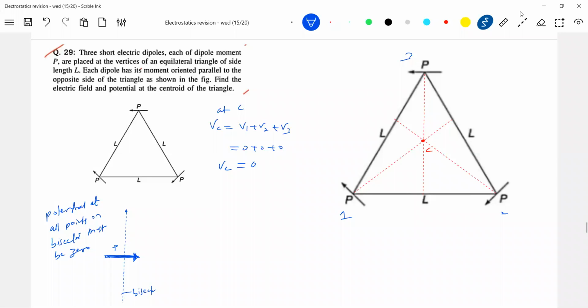The field on the bisector should be directed opposite to the dipole moment. Look at all this. What is the angle made by the P bars with each other? 120 degrees. So the resultant E bars will also make an angle of 120 between them.